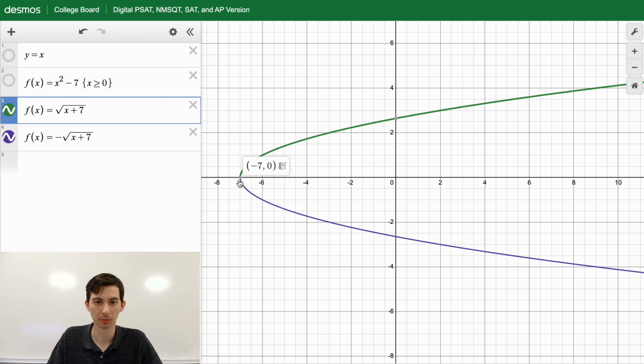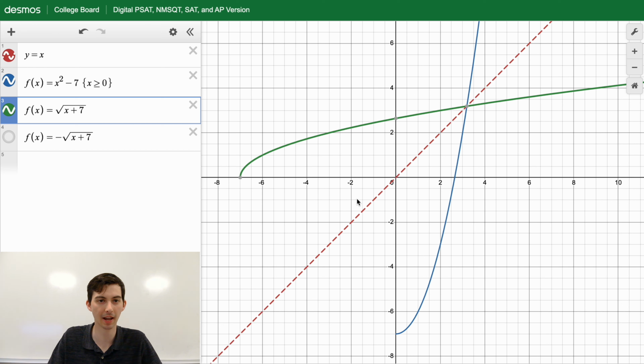So here is y equals 0, right? And I see that on this green graph, everything is above 0, but on this purple graph, everything is below 0. So if I want everything that's above 0, I need to take the positive version in this case.